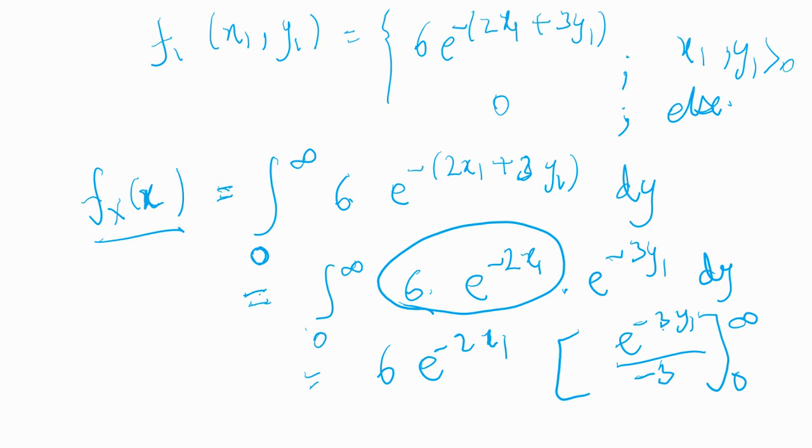Now e to the power minus infinity is 0 and e to the power 0 is 1. So it will be 6 e to the power minus 2x1 and then 1 by 3, because when we put 0 it will be minus, so minus minus cancels out. So 6 by 3 is 2. So fX of x1 is 2 e to the power minus 2x.